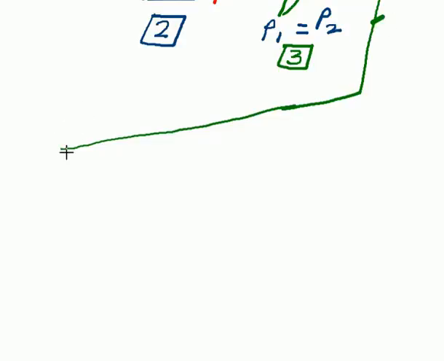So what can happen is that all the three planes are parallel.